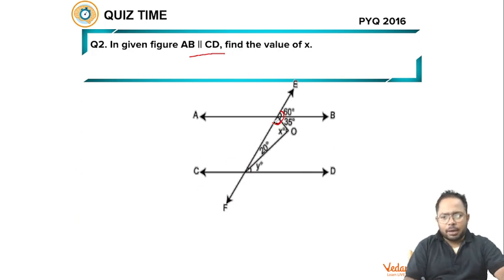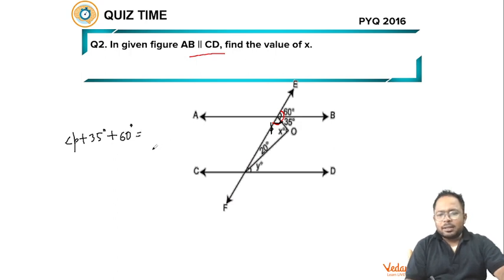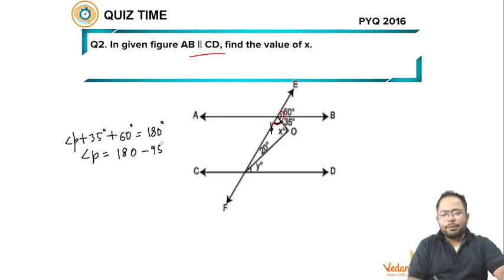Let's say I'm marking it in black, and let's call it P. So angle P plus 35 plus 60 degrees will make a straight angle of 180. So angle P would be 180 minus (60 plus 35), that is 95. So 180 minus 95 gives us 85 degrees.